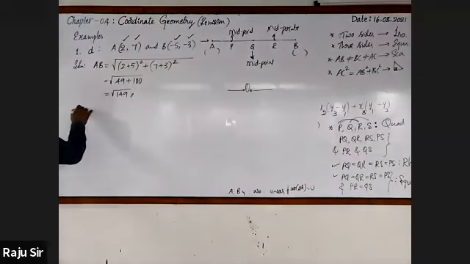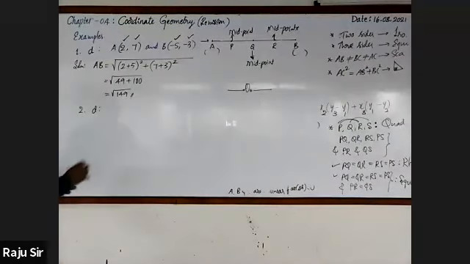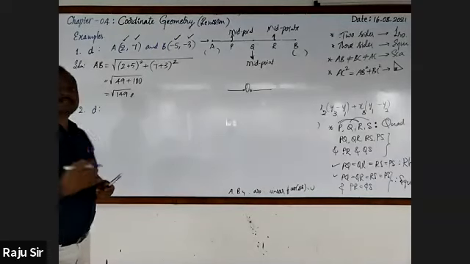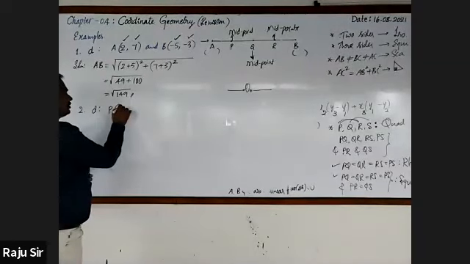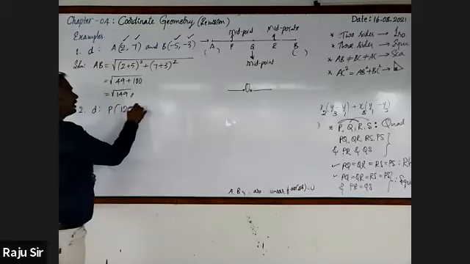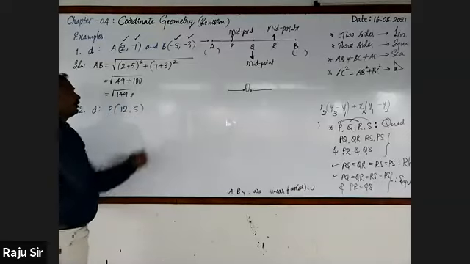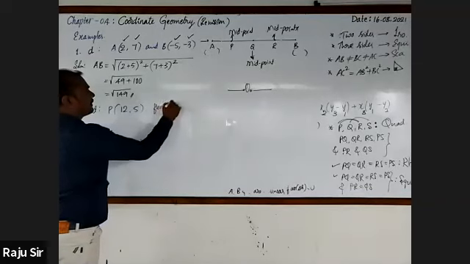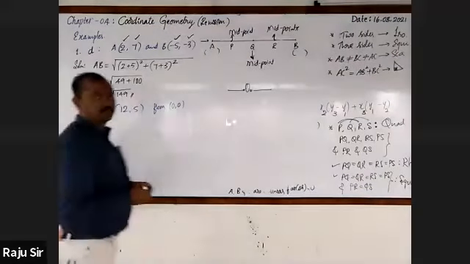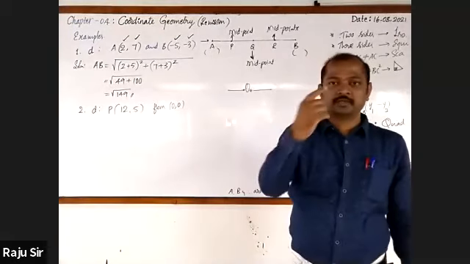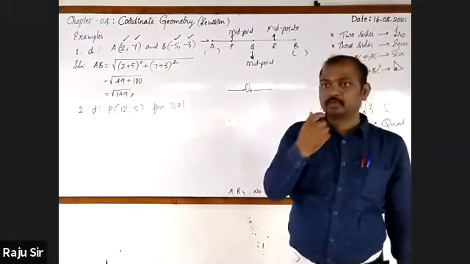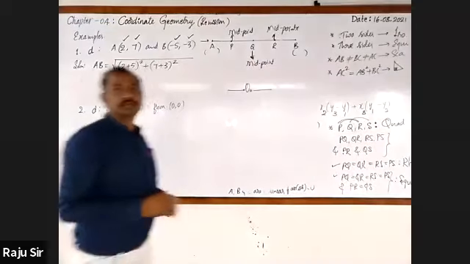Again, you are going to find out the distance of the point P (12, 5) from the origin. 13 units. Very good.